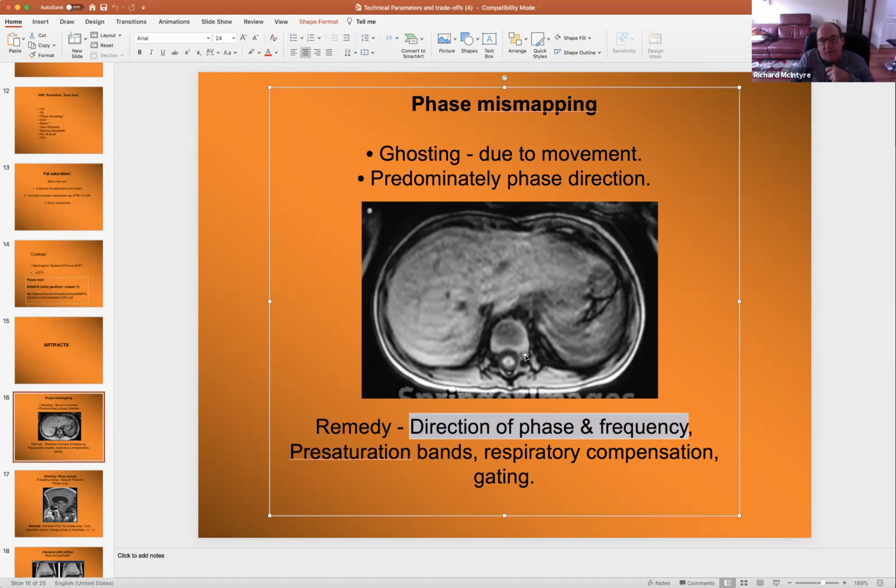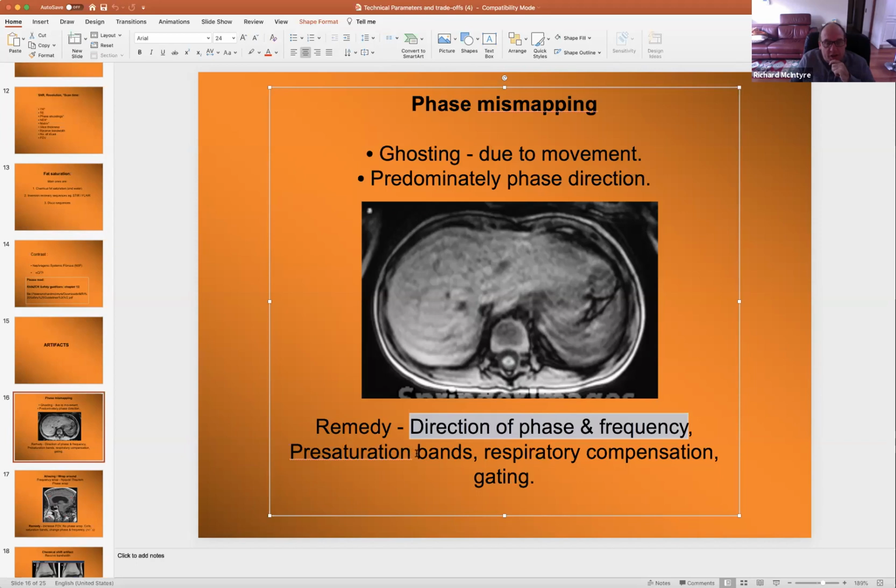So if you're really interested in the spinal canal and the artifact from breathing or the aorta is causing an artifact over the spinal canal, okay, change phase and frequency, so phase is left to right, and then the artifact from the aorta that's anterior to the spinal canal is projected left to right. Okay, that way you get to see the spinal canal. Okay, the artifact will not be over what you want to see.